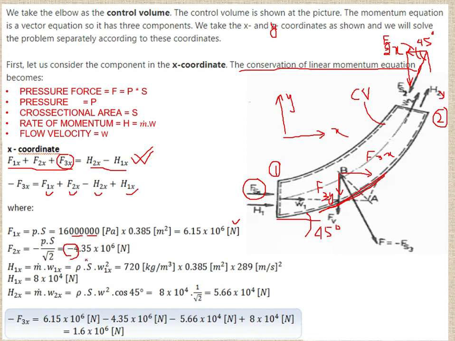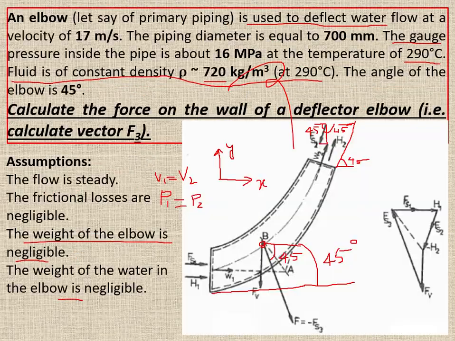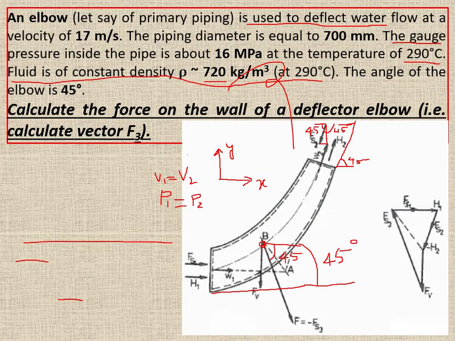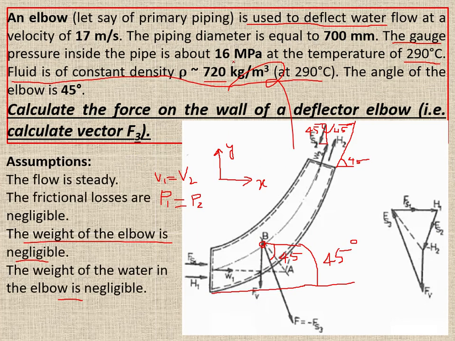And the pressure times S, the pressure is given at the exit. What is the pressure given at the exit at point 2? Let's go back and see. Only one pressure is given, and we made the assumption that there is no friction loss.